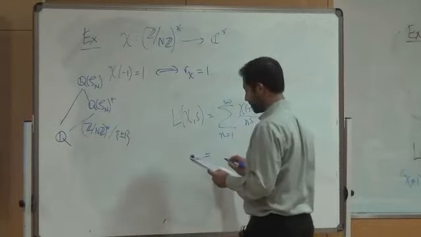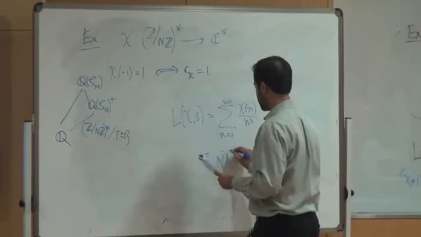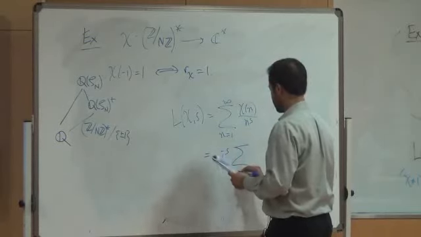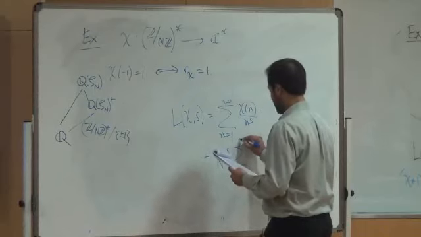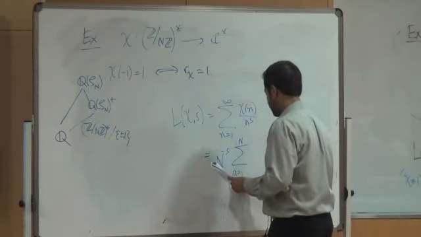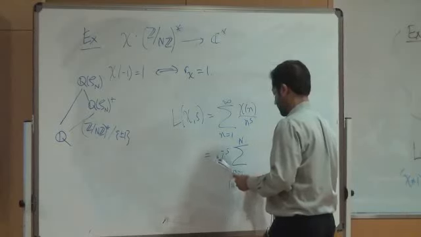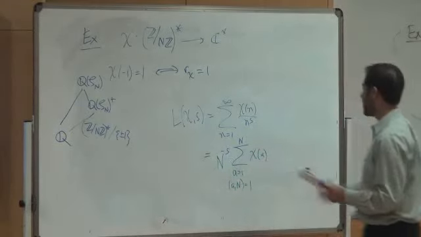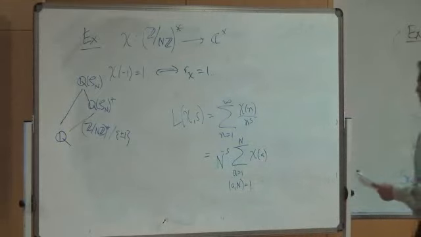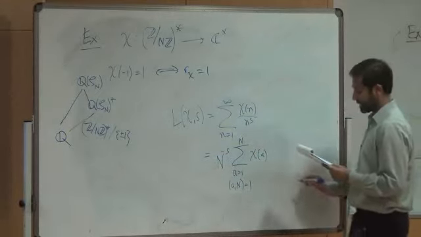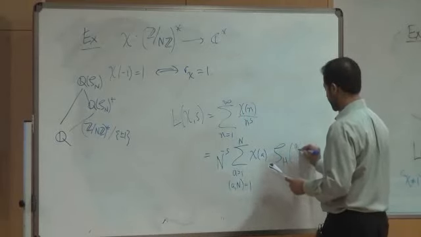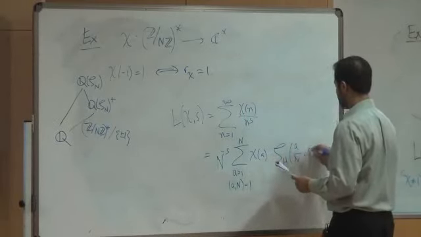I'll define the Hurwitz zeta function in a second. It is the sum as a goes from 1 to capital N of integers that are relatively prime to n of chi of a. So I'm grouping terms together that have the same chi value, grouping over the residue classes mod n, times the Hurwitz zeta function of a over n comma s.